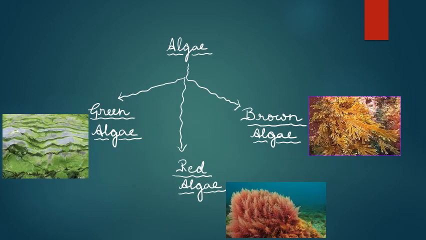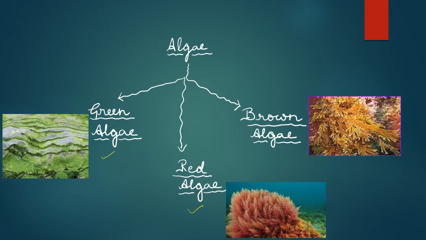Based on the type of pigment present in the cells of these algae, they can be classified into three groups. The algae whose cells contain green pigment are called green algae. The group of algae whose cells contain red pigment are called red algae.